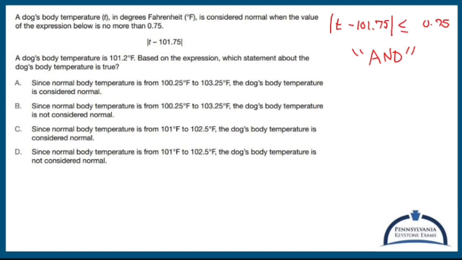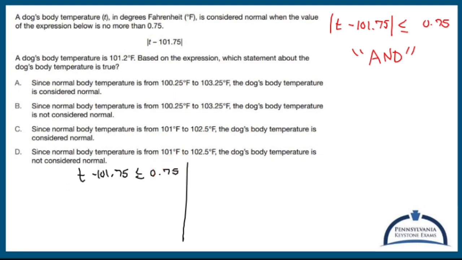Now, when you have an absolute value with an inequality symbol, you split it up into two equations. Okay, one equation, you keep literally everything exactly the same, except you get rid of the absolute value. So t minus 101.75 is less than or equal to 0.75.